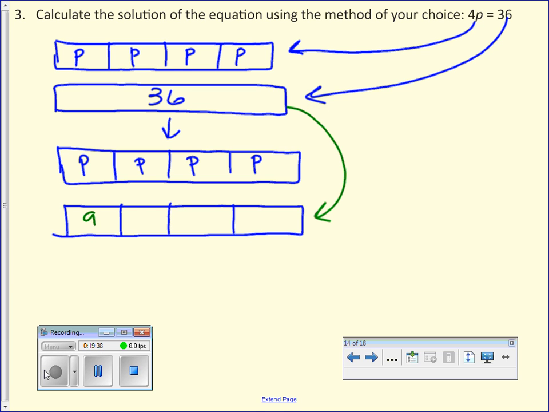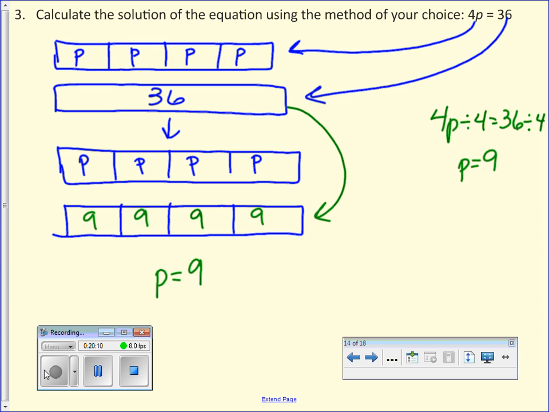I like the tape diagrams because when I was growing up, I was just told, use inverse operation. This is how you do it. And I didn't know what it meant. I didn't know why I was doing it. Tape diagrams can be annoying, but I like that it's showing you why am I dividing both sides by 4. 4p divided by 4 equals 36 divided by 4. There's your algebraic. So p equals 9.